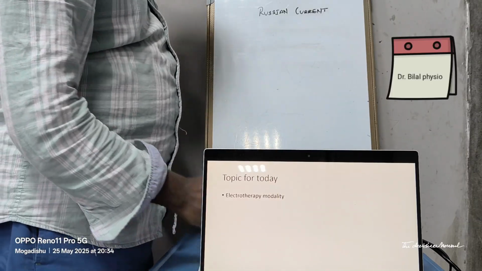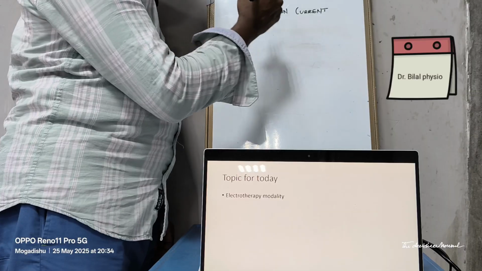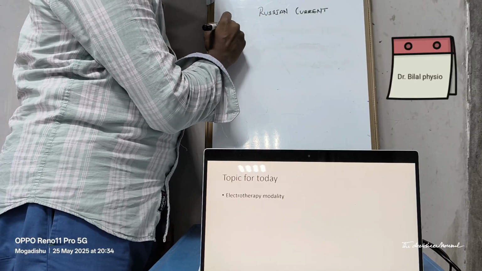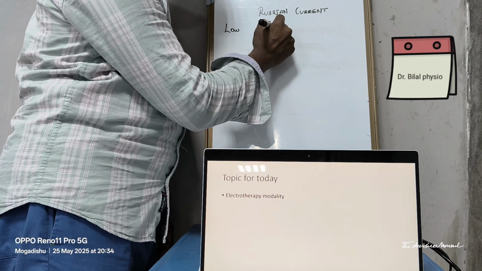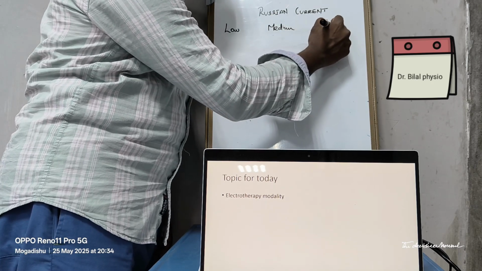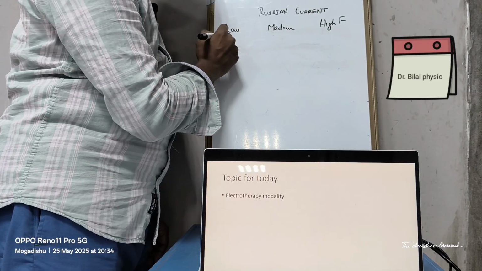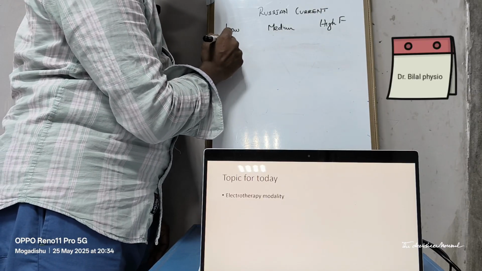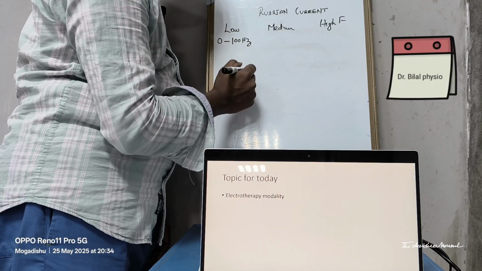In electrotherapeutic modalities, there are three types of current we use: low, medium, and high frequency current. Low frequency current is from 0 to 100 hertz.